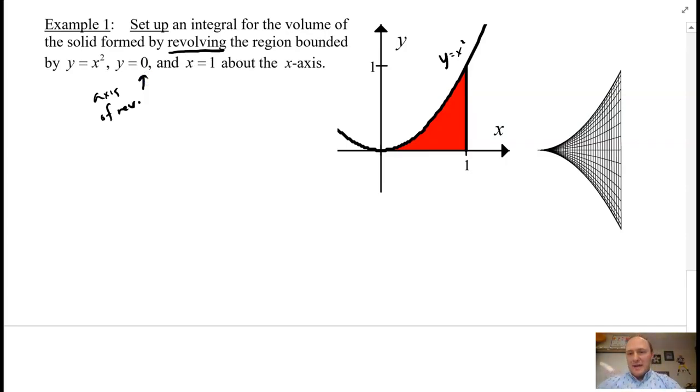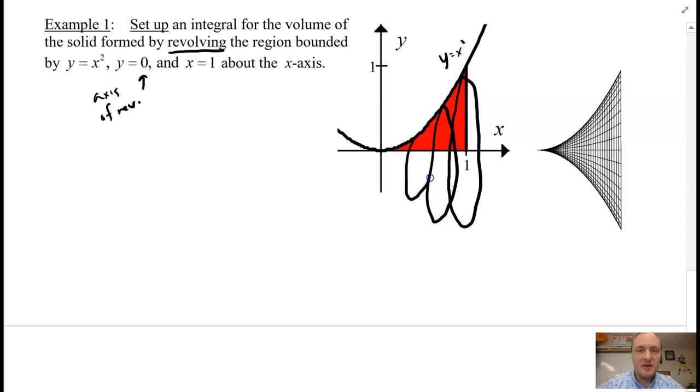So what you can imagine is you take this slice and rotate it around this line, and you get a three-dimensional object that looks a lot like this. So we're calculating that volume.